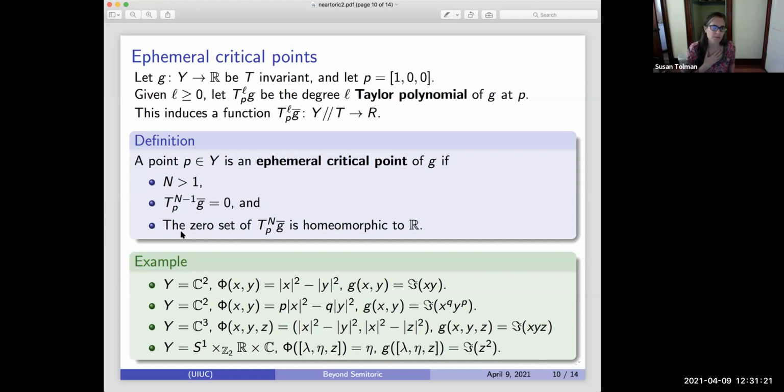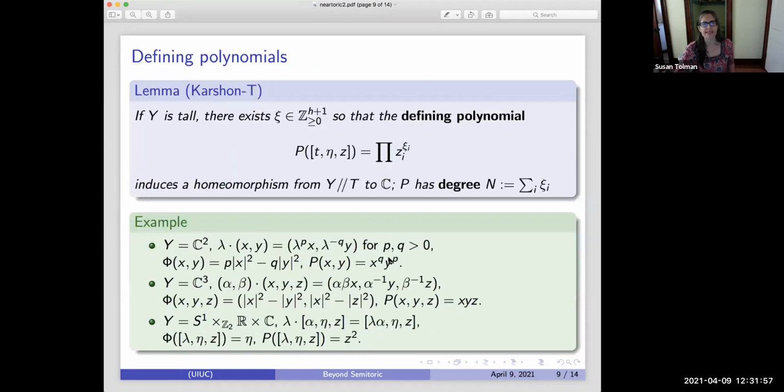And so here are some examples. Let's say Y is C2, and our moment map sends (x, y) to norm x squared minus norm y squared. If we define g of (x, y) to be the imaginary part of xy, then the kernel is equal to R. One way to see this, remember, is we've already said that in this case, our defining polynomial is xy.